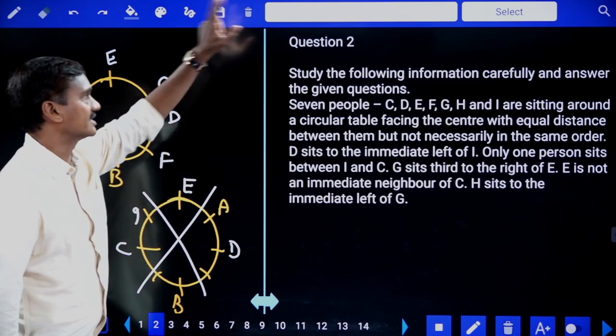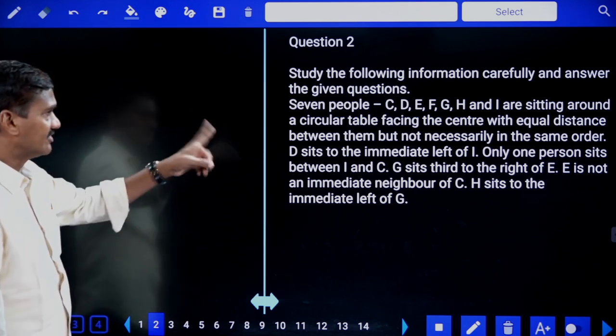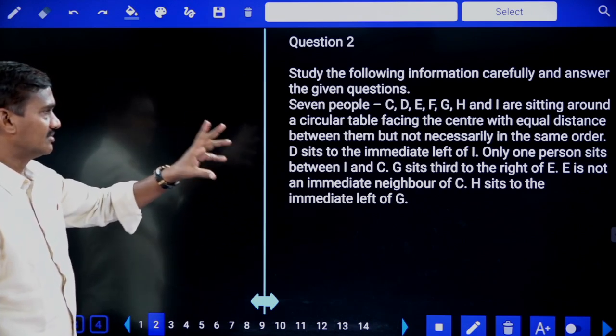Now let us start with the second one. As the second set, 7 people are seated around a circular table facing the center.